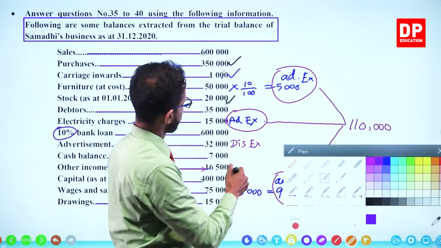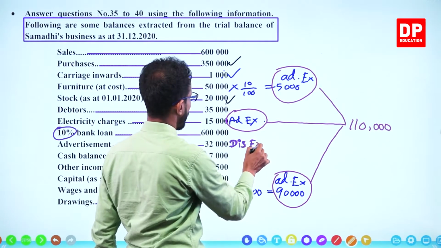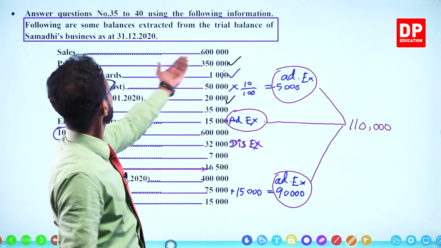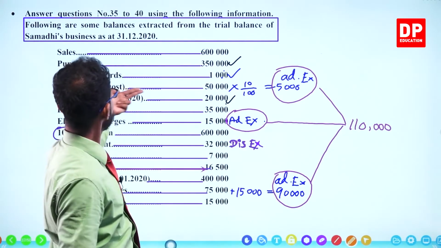Distribution expenses. We have only one distribution expense, right? Yeah.